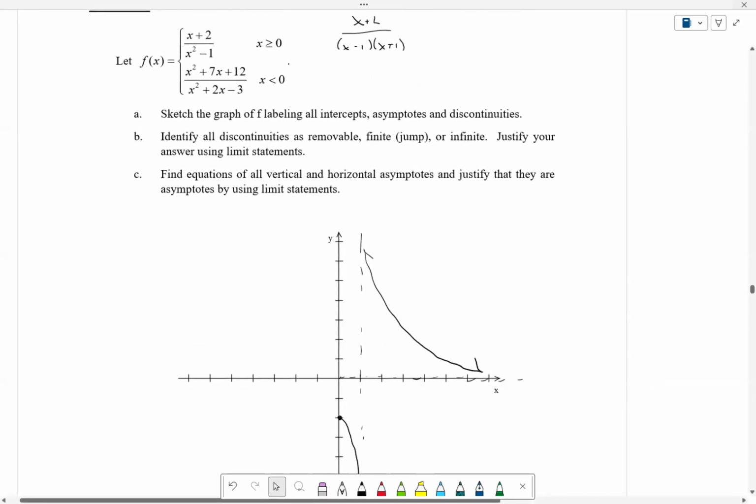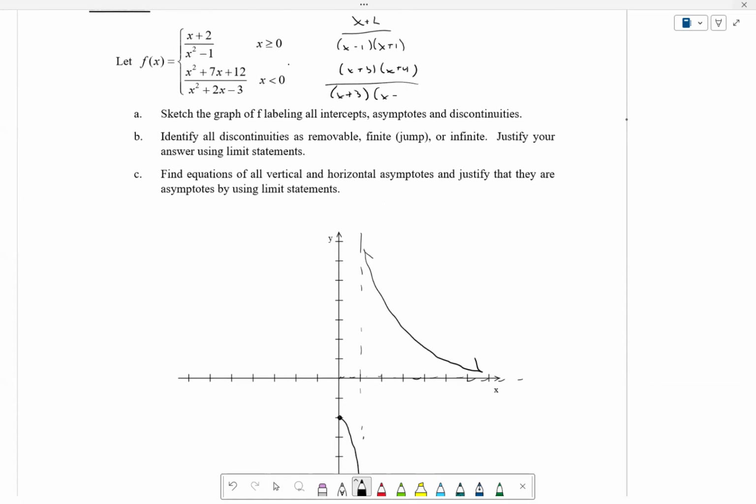Let's finish the same function, but the other part of it. Are we good with that? -1, 4.